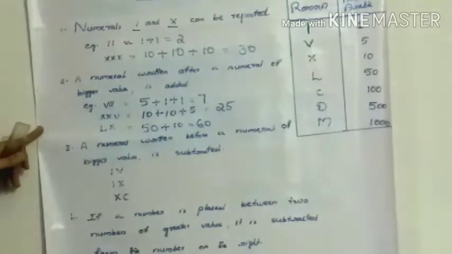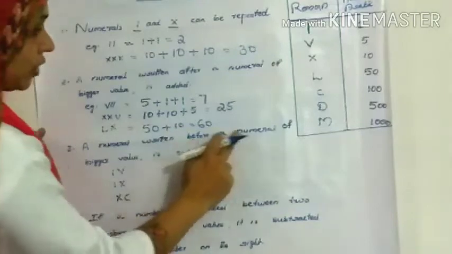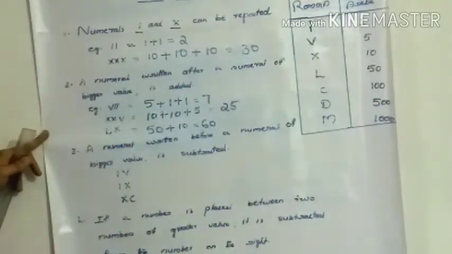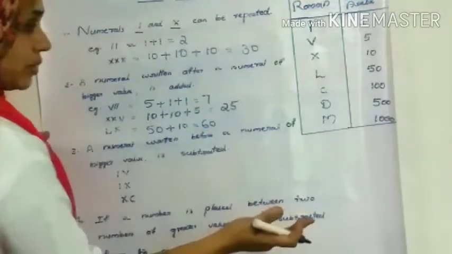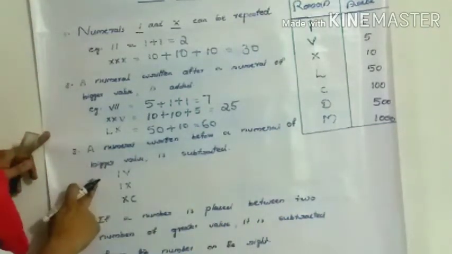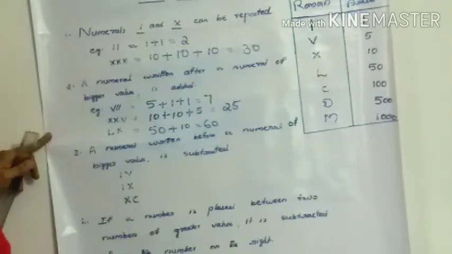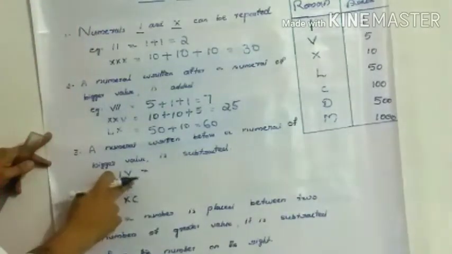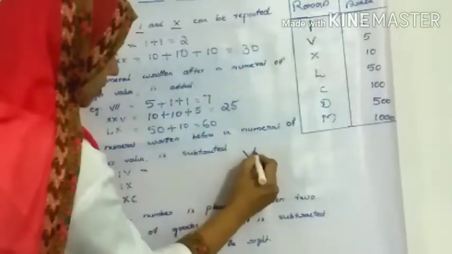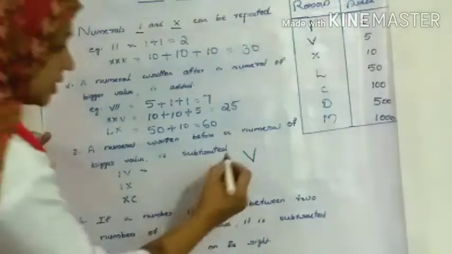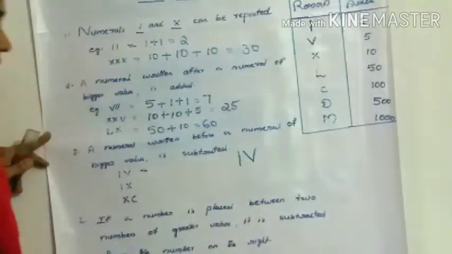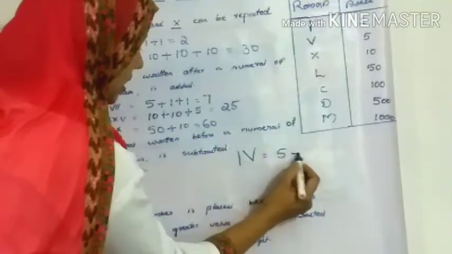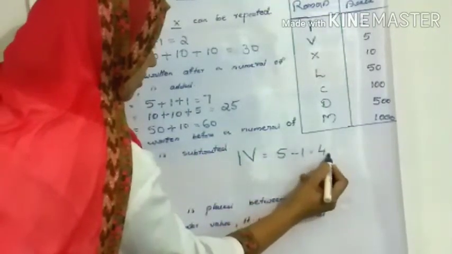The third rule: a numeral written before a numeral of bigger value is subtracted. Just the opposite of the second rule. See, this one is 5. If we write 1 before it, it means 5 minus 1, which is 4.